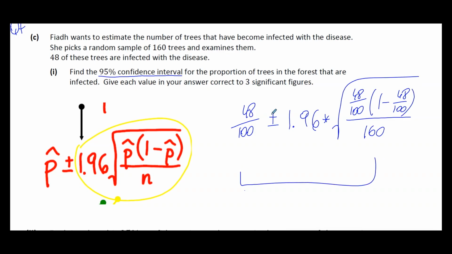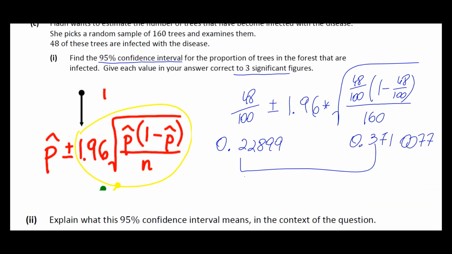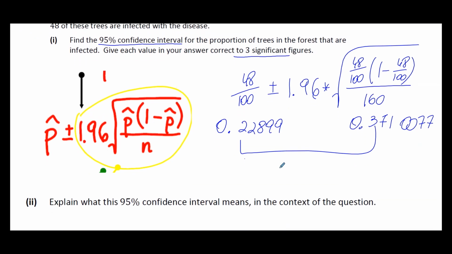We go with plus and minus and we get two values. So one is 0.22899 and the other one is 0.3710077.